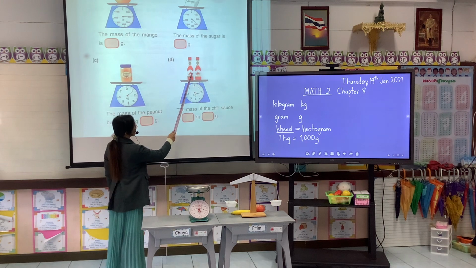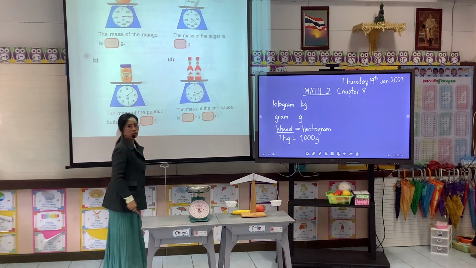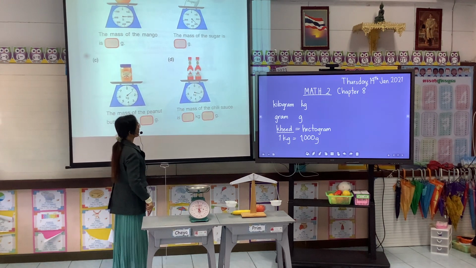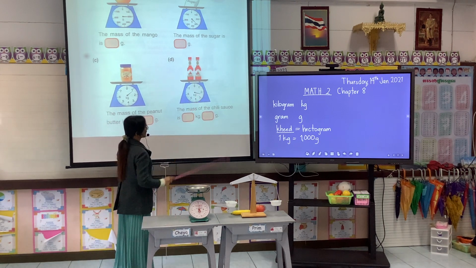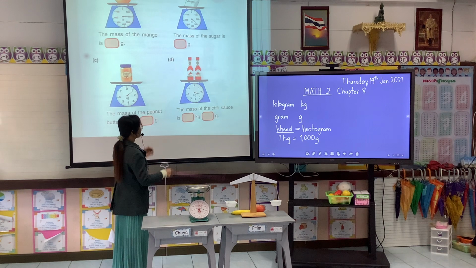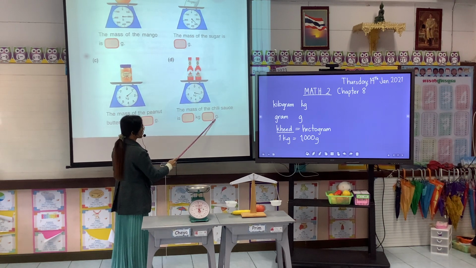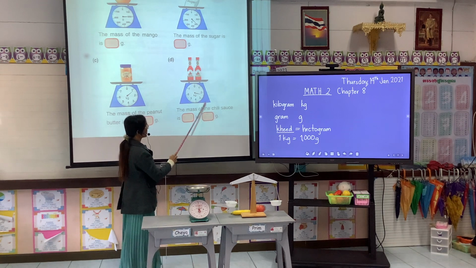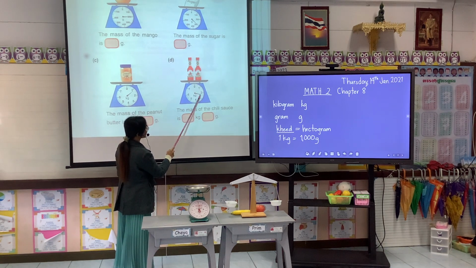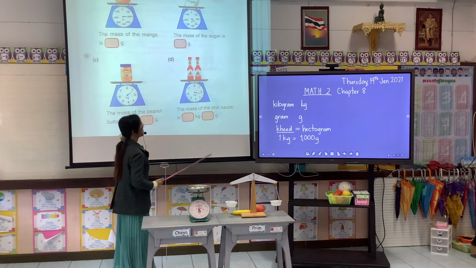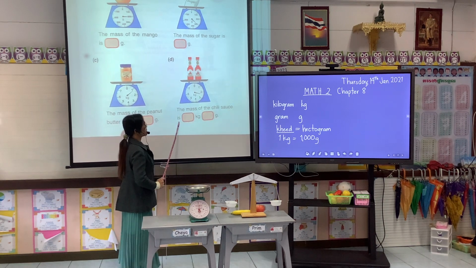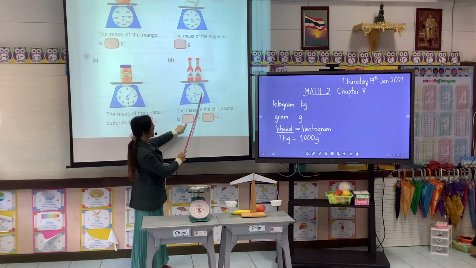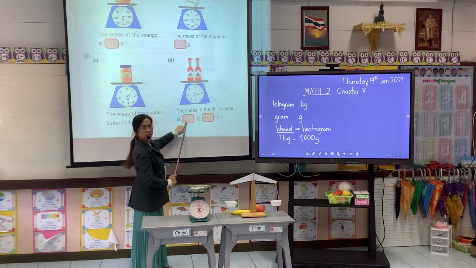What about the chili sauce? 2 bottles of chili sauce. How heavy are these? Again, it is more than 1 kilogram, so we're going to use kilogram and the rest is grams because the pointer points at the small part. So the mass of the chili sauce is 2 kilograms.